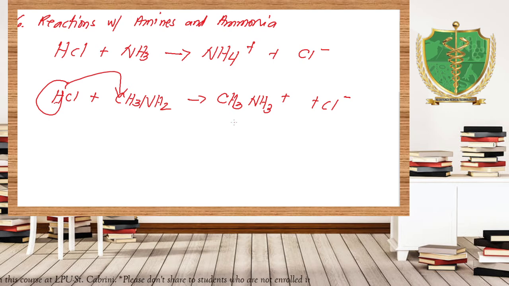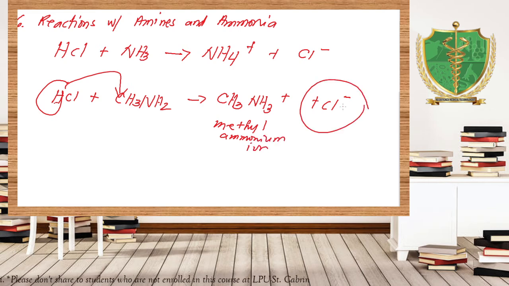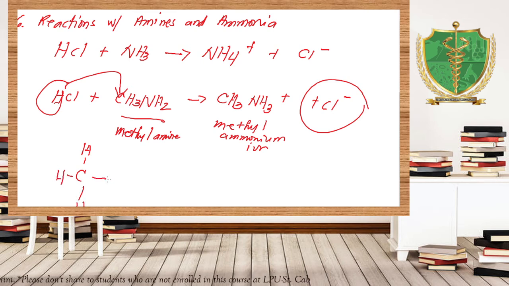This is our methylammonium ion, and of course, this is our salt. Again, CH3NH2 is our methylamine. Its structure will look like this: three hydrogens attached to carbon, and nitrogen attached to carbon with two hydrogens.